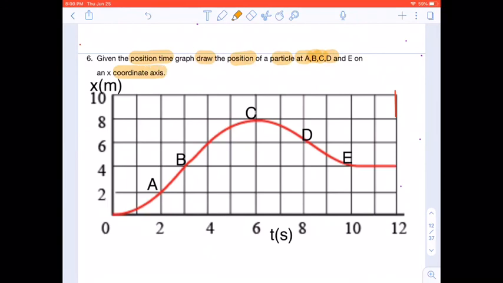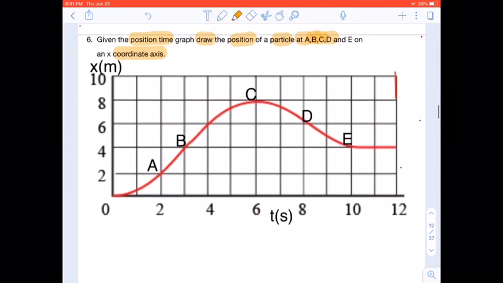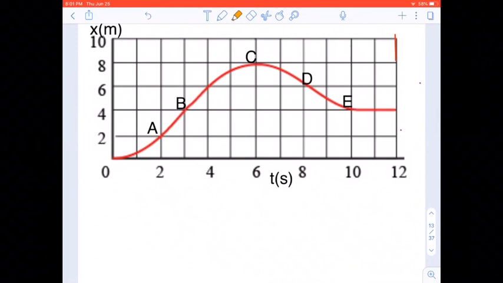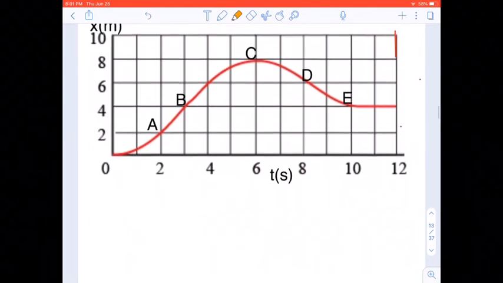So here you're given a position time graph which gives you an indication of the position of the particle with respect to time. So we need to translate this onto a coordinate line, and a coordinate line, remember, doesn't take time into account. It just locates its position and the movement of that particular particle or object.